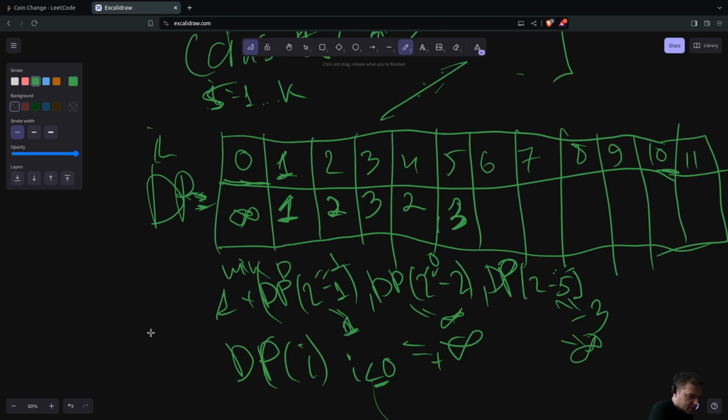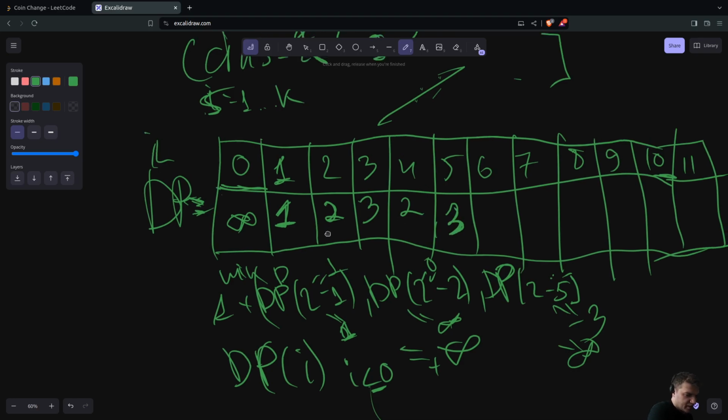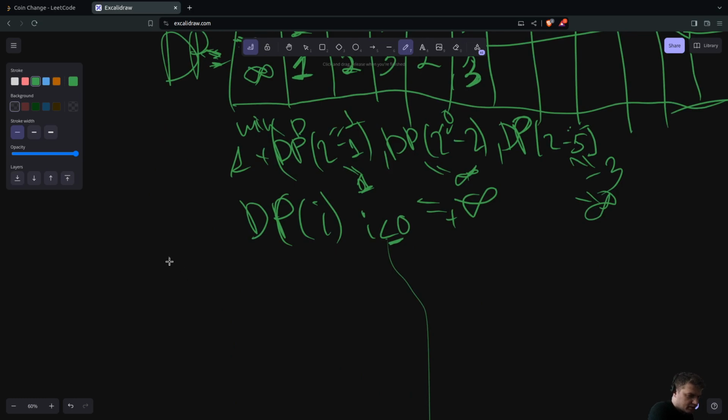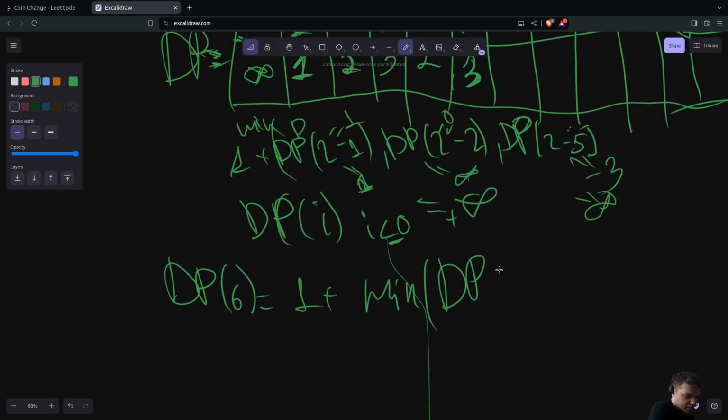For the 6, how do we calculate dp of 6? The dp of 6 is going to be 1 plus the minimum of dp of 4, dp of 5, or dp of 1.